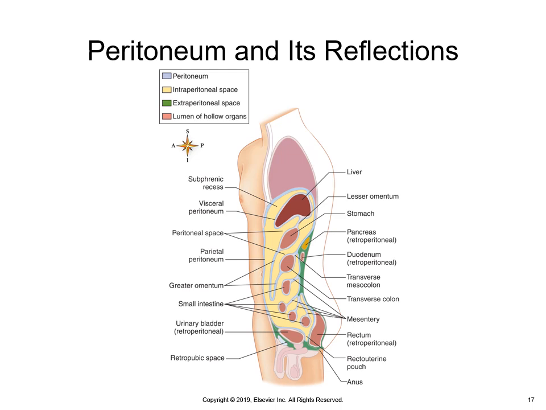All right, now we are looking at the peritoneum and its reflection. So this is a sagittal view, or a side view, or a side slice of the abdomen. And we're basically looking at the peritoneum and what we call the reflection.